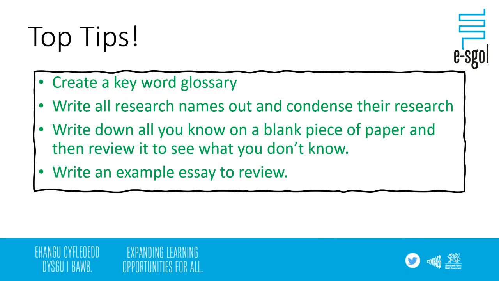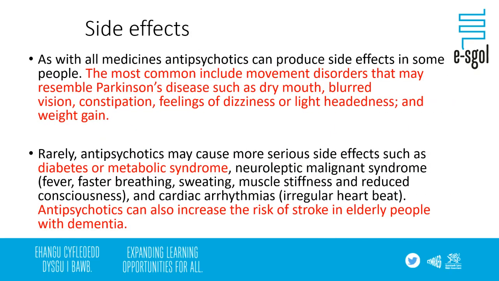Now, before I go on to cognitive behavioural therapy and speak a little bit about that, one thing that's common, like I keep saying, is side effects. It is a massive problem. And although it feels a little bit like it's an evaluation point, it is still something that you need to talk about and include in an exam question.